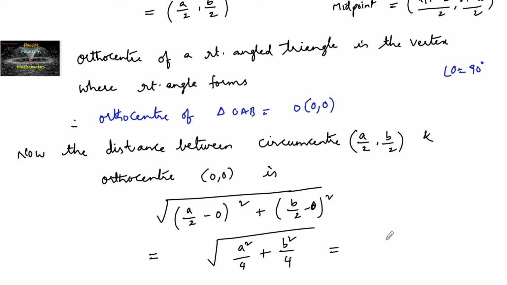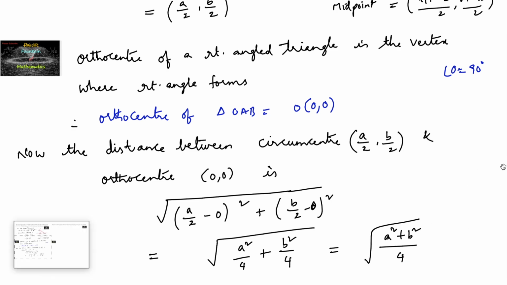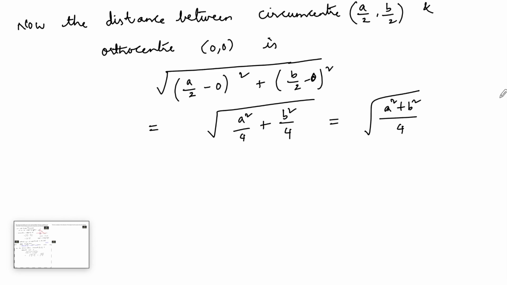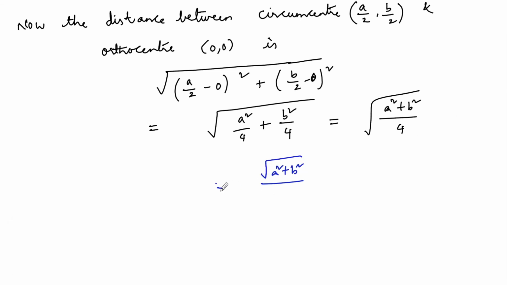So which is equal to root of (a square plus b square) upon 4, or we can simplify and write root over a square plus b square upon square root of 4, which is 2. So therefore the distance between circumcenter and orthocenter of triangle OAB is root of a square plus b square upon 2. Okay, correct.